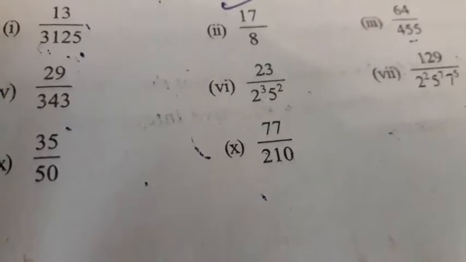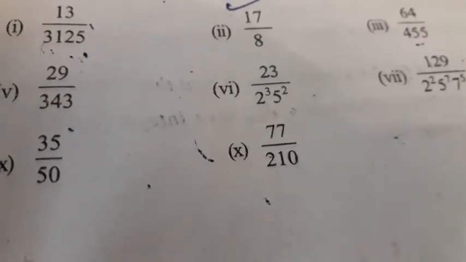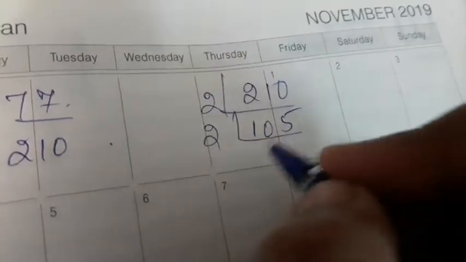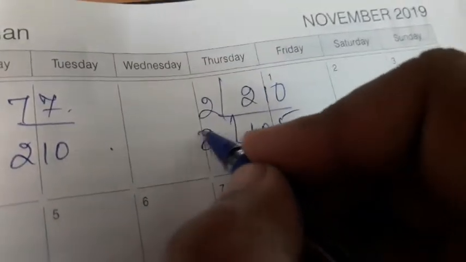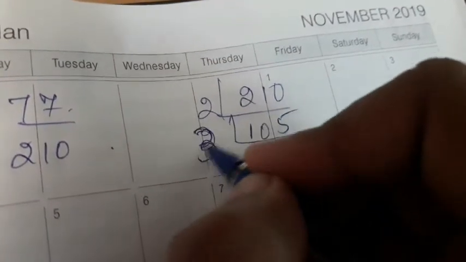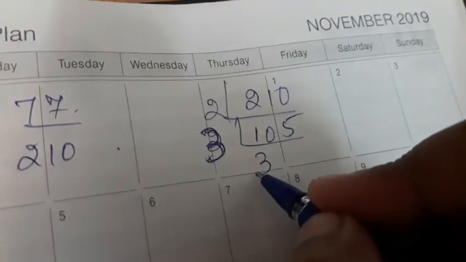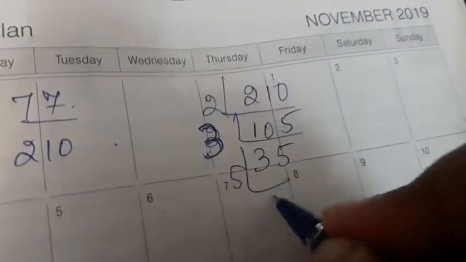Suppose I take 77 upon 210. Now to see the factors of 210: 2 1s are 2, 2 5s are 10, 3 3s are 9, 3 5s are 15, 5 7s are 35.